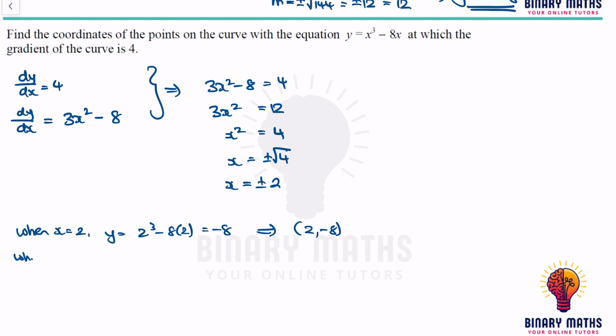And when x equals negative 2, y is equal to negative 2 cubed minus 8 times negative 2, mistake there. So negative 8 plus 16, which is equal to positive 8, which means we've got the point (-2, 8).